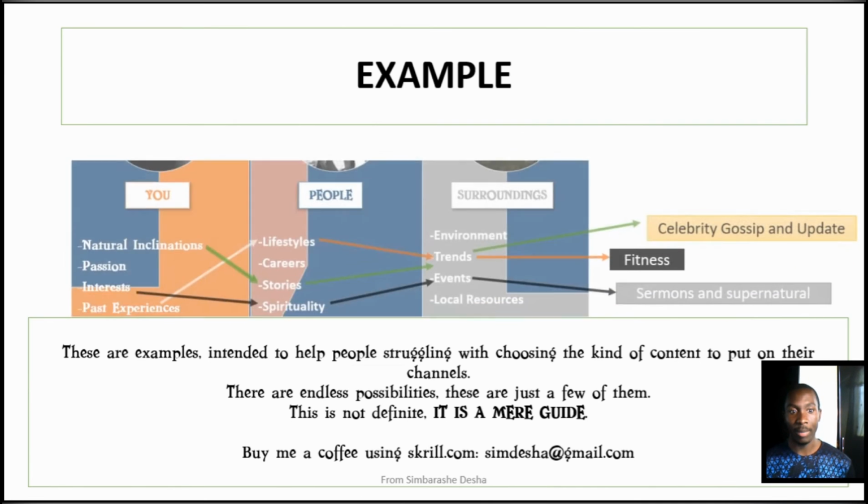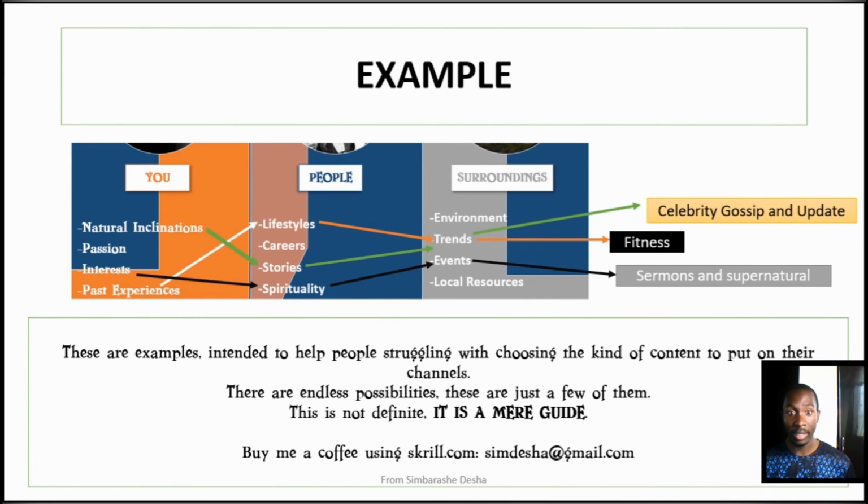Now let's get into an example. I drew up an example right there. We have our 3 categories: you, people, and your surroundings. We have colored arrows right there. Let's say your natural inclination, as we were talking about, is reporting. Someone did this, the movie we watched was like this, the event that we went to was like this. In other words, you are interested in people's stories. Simba did this and that, so you want to report it to someone else, and it becomes a trend.